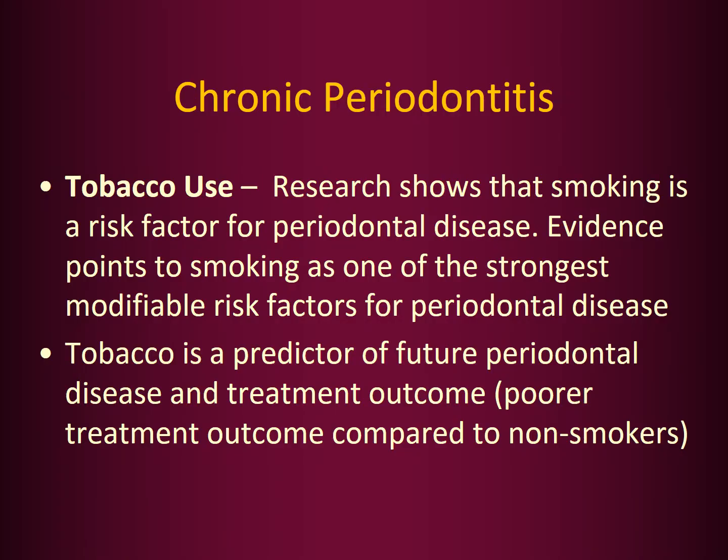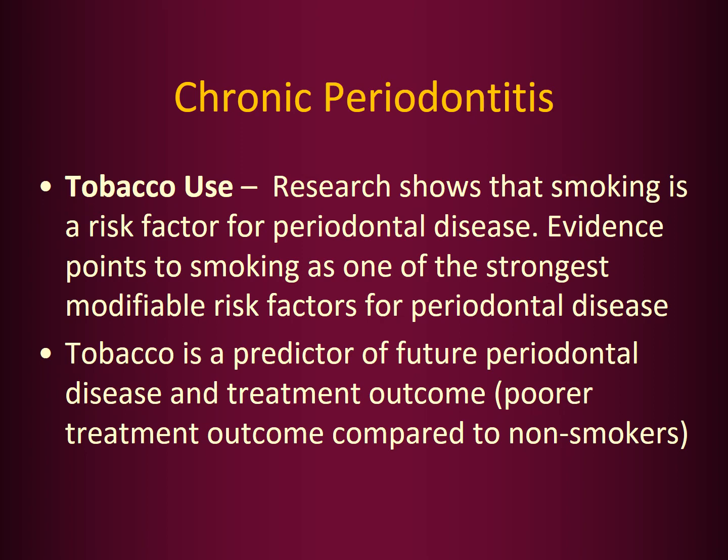So tobacco use has been shown to be a risk factor for periodontal disease, and evidence points to smoking being one of the strongest modifiable risk factors that we have. If we could get rid of it, based on the old data, we'd get rid of nearly half of all periodontal disease, or at least bring that half down to the level of non-smokers or non-tobacco users.